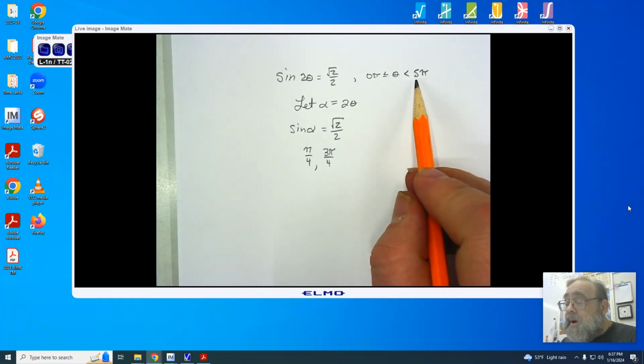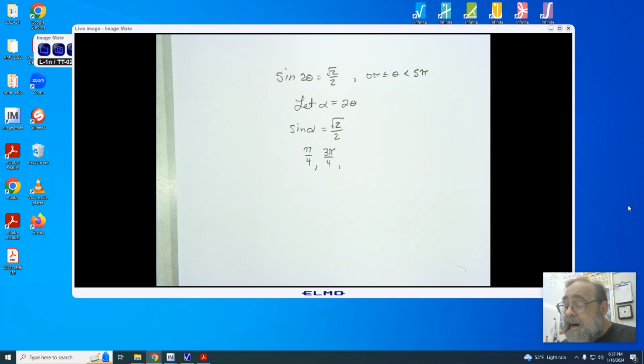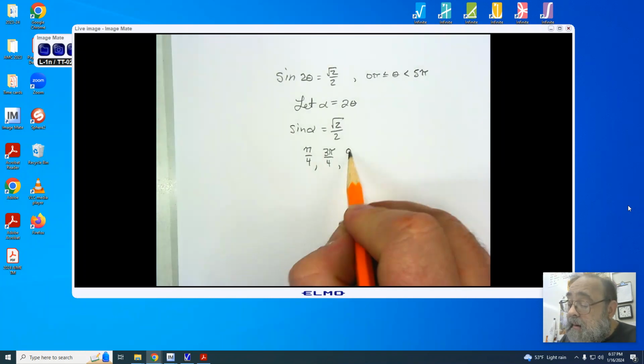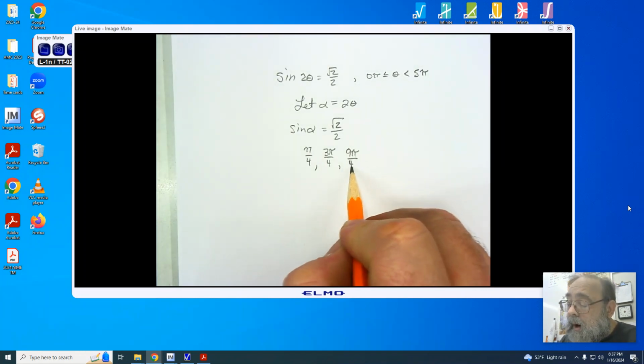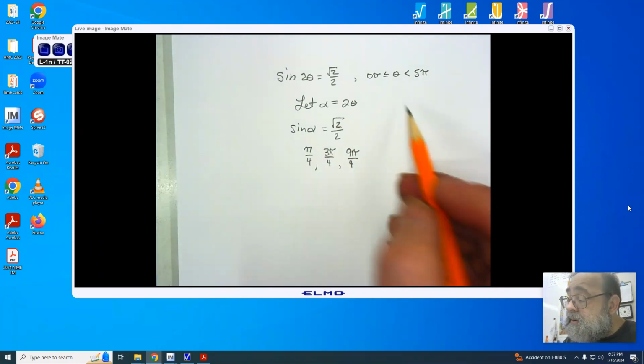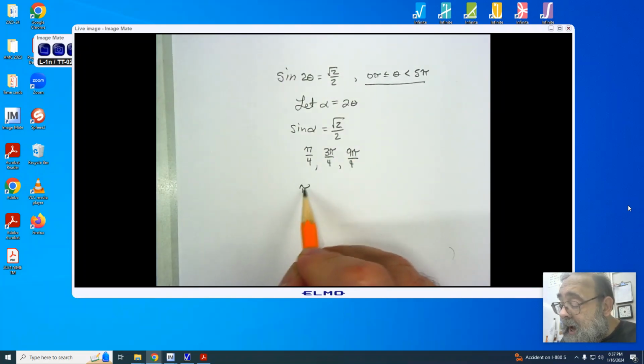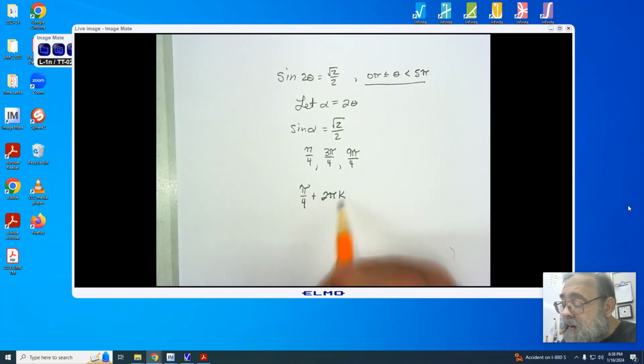Now, because I've gone all the way to 5 pi, I'm going to keep going, and I'm going to look at it in terms of 9 pi over 4. And you'll notice 9 pi over 4, I believe, is going to be less than 5 pi, being approximately 2.5. So I'm now looking at these values over this domain, and I'm now going to say that pi over 4 plus 2 pi k is equal to alpha.